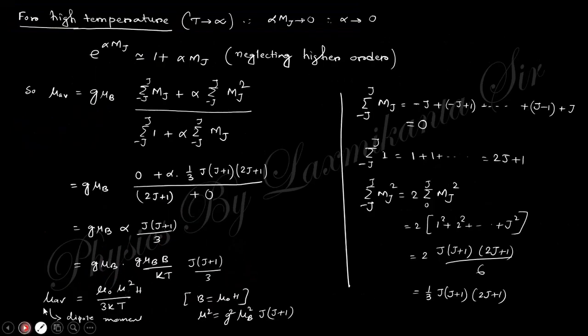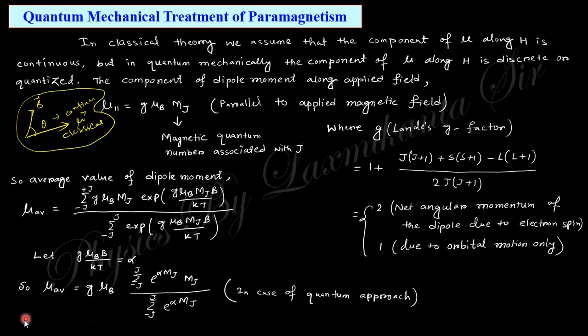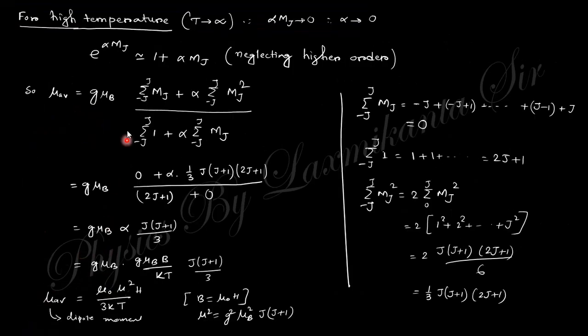Okay, and for high temperature, this tends to 0, because T is in the denominator. So exponential of alpha mj is nothing but 1 plus alpha mj, neglecting higher order terms because alpha is very small. You put this expression in and you will obtain this one. The summation of mj is 0, whereas positive and negative terms cancel each other. The summation from minus j to j of 1 will be 2j plus 1, because there are 2j plus 1 terms here.